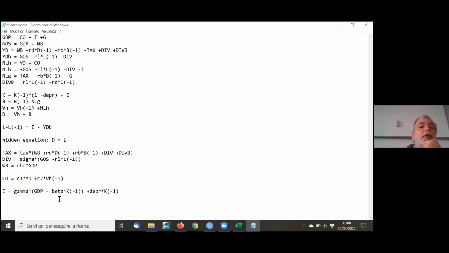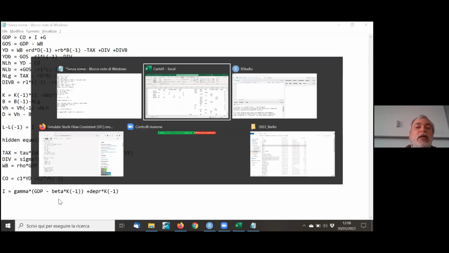Okay. Yeah. Okay, so now we have the two equations for which we want to have parameters. So what I usually do at this stage is to use the spreadsheet to try to find reasonable values for all variables, starting from a benchmark. The benchmark can usually be either GDP or the stock of capital, and the two are usually related.